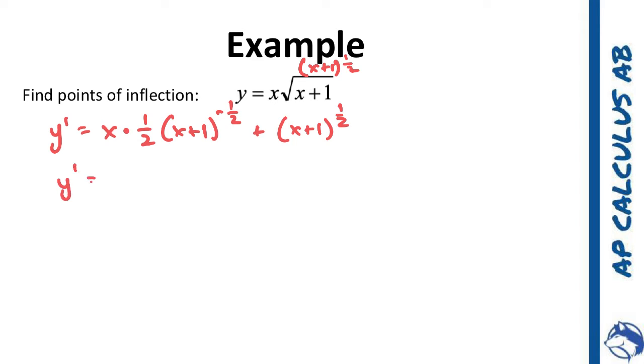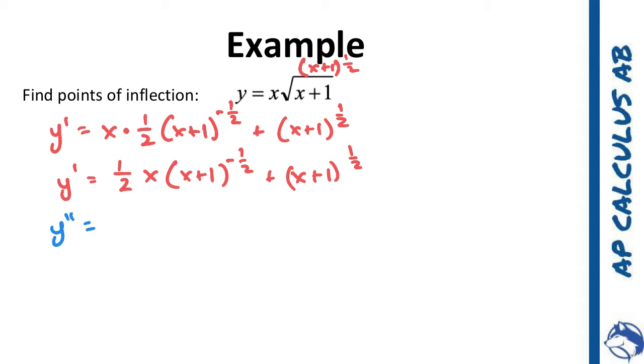So just to rewrite this a little bit clearer, it's 1/2 x plus 1 to the negative 1/2 plus x plus 1 to the 1/2. So now I need to do the second derivative.